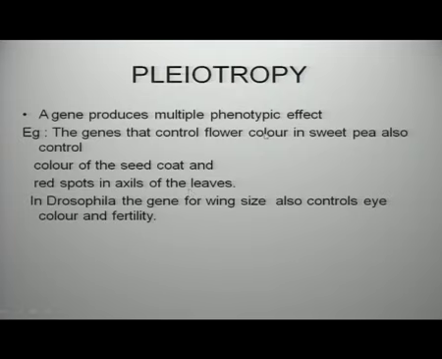So, this particular phenomenon we call pleiotropy. It can also be seen in Drosophila. In Drosophila, the gene for wing size also controls eye color and fertility. Again, a single gene that produces 3 phenotypes: 1, wing size; 2, eye color; 3, fertility.